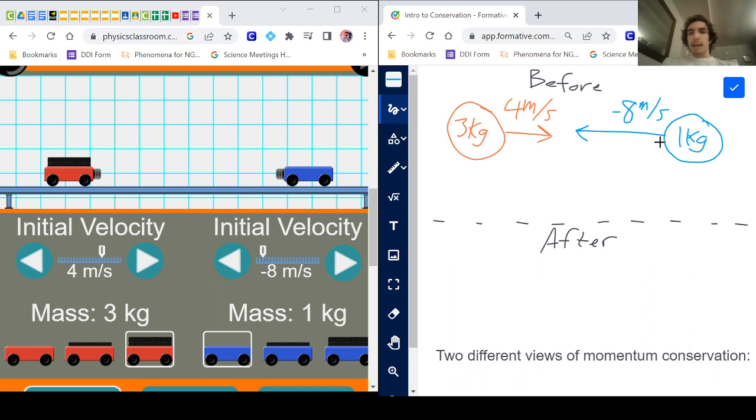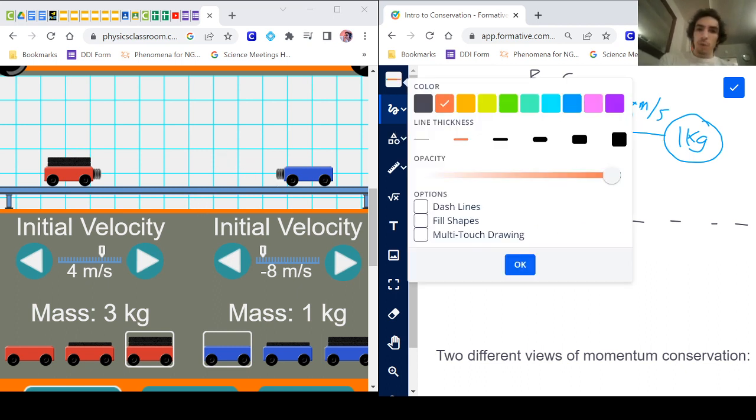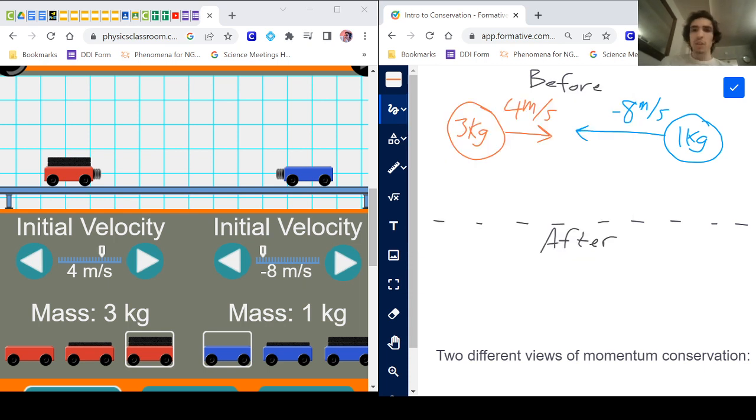Okay. Now, even though the simulation does not give this, we can initially solve for both of their momenta. In order to do that, we need to use our p equals mv equation, the standard momentum equation, so we can get that for our red cart. p equals mv, m being 3 kilograms, I have to excuse my handwriting, 3 kilograms times 4 meters per second will give us an initial momentum for this red object of 12 kilogram meters per second.